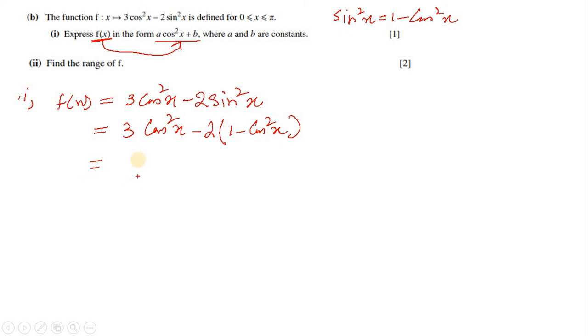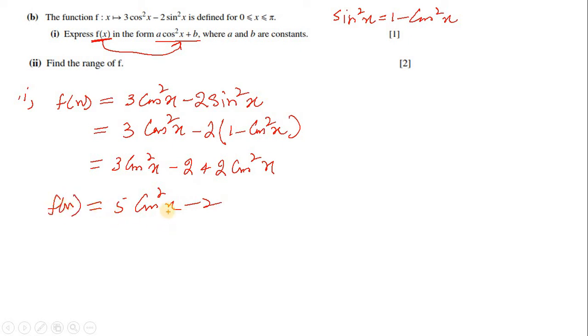We have 3 cos square x minus 2 times 1 is minus 2, and then plus 2 cos square x. 2 plus 3 is 5 cos square x, and then minus 2. This is your function in the form a cos square x plus b. So a is equal to 5, the coefficient of cos square x, and b is equal to minus 2, the constant term.